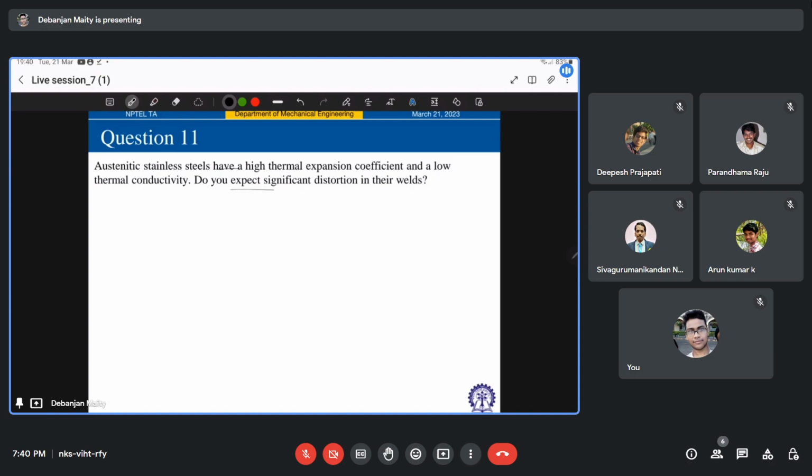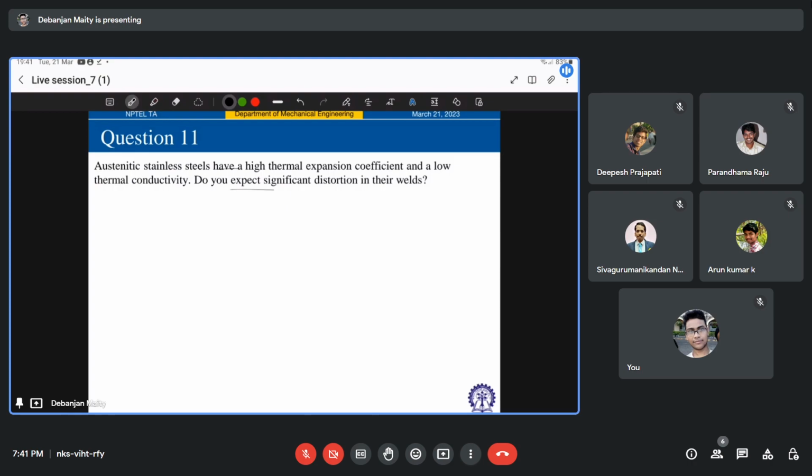So if you see distortion in welding, there can be something called solidification shrinkage. You are melting and then solidifying.